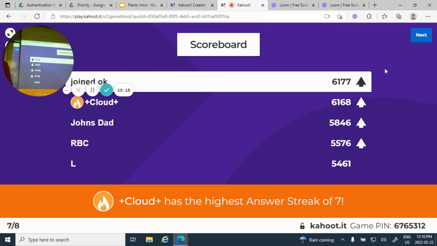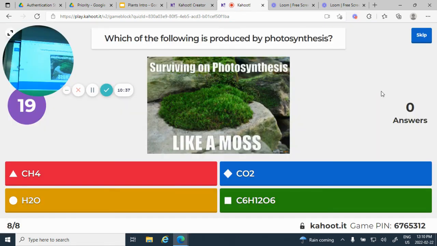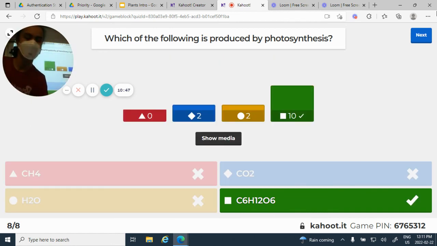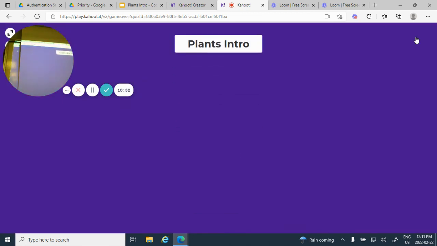They produce larger molecules from energy. Huh? That's not energy. That's gluten. Okay, last one. Yeah, glucose is produced. H2O and CO2 are used to produce it.